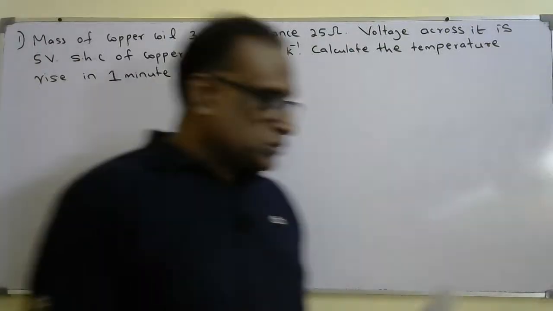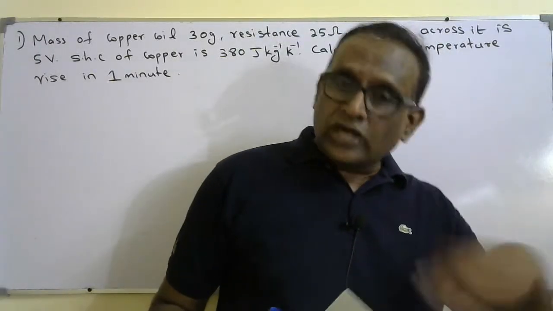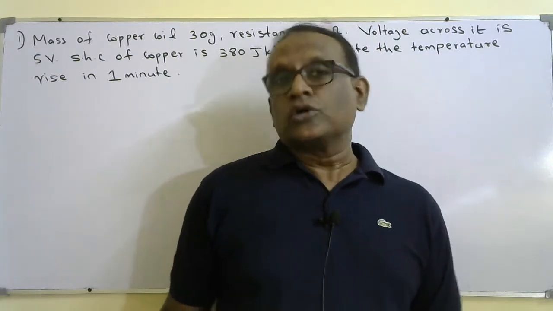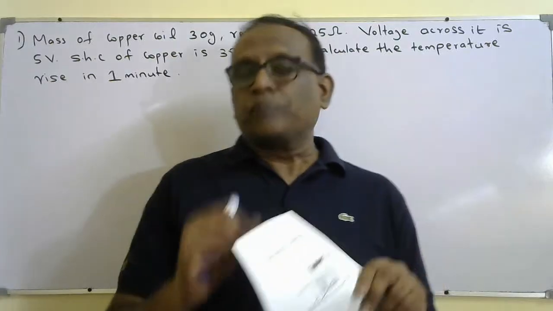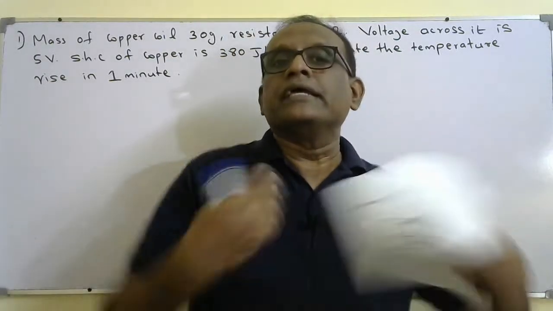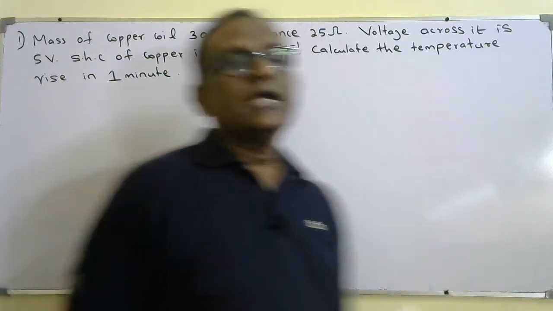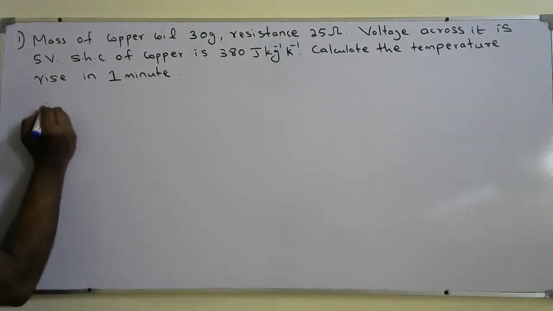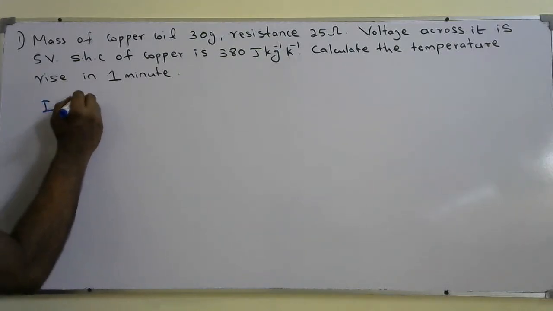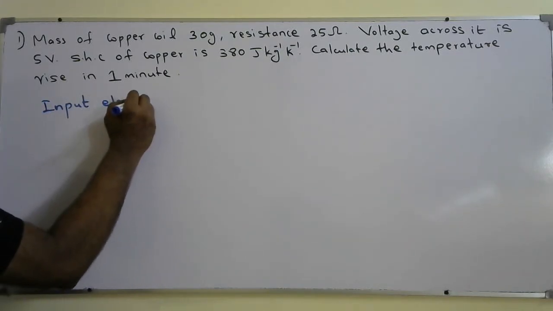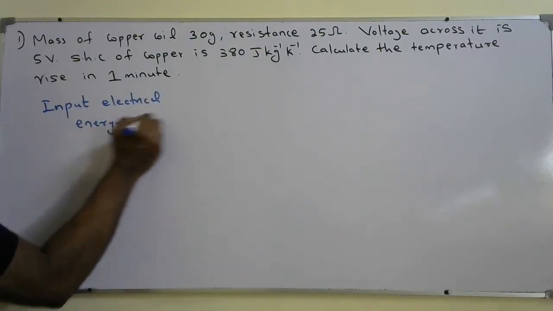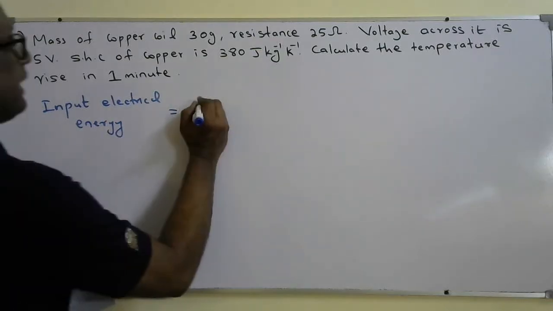That's the question. Here the coil is not heated directly, but by using electrical energy. So the input power in the form of electricity is going to be output heat. So we can say the input electrical energy is equal to the gain in heat.